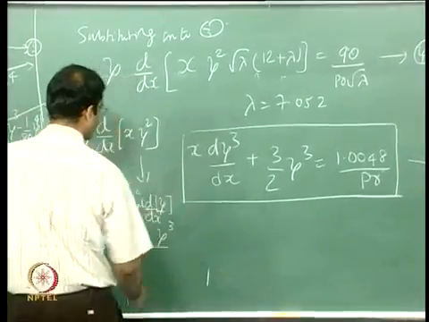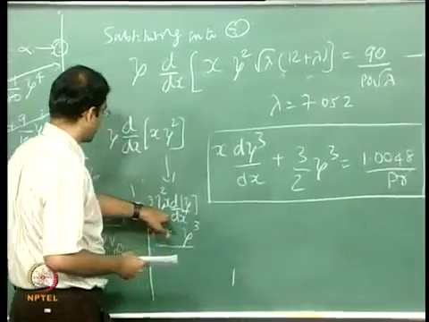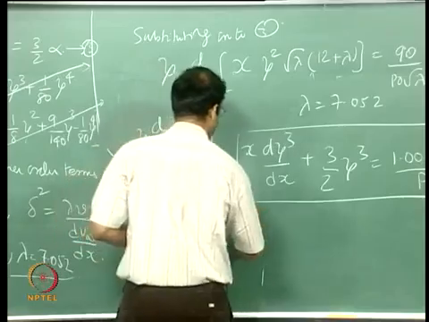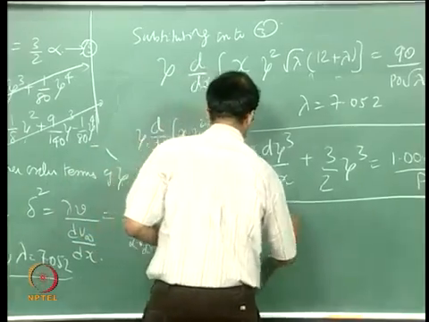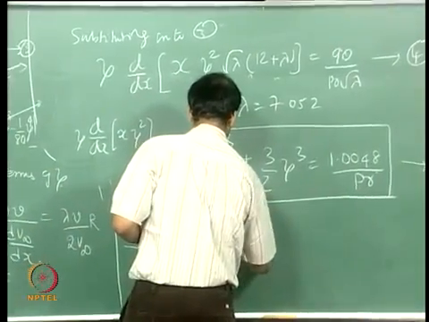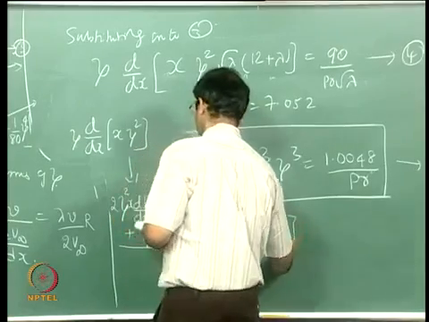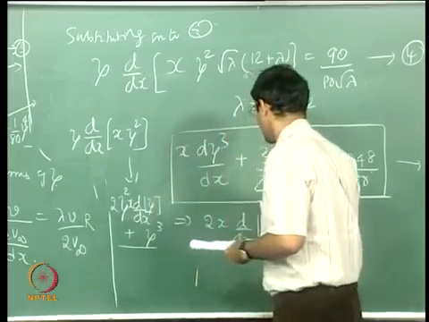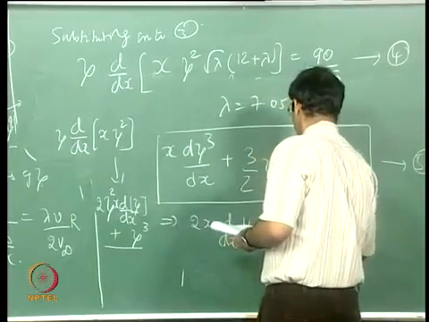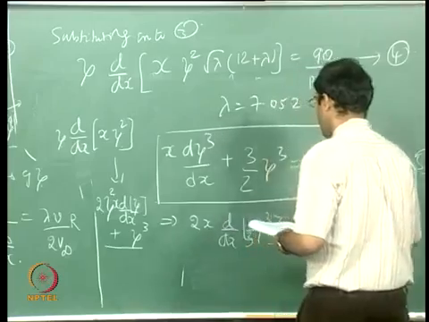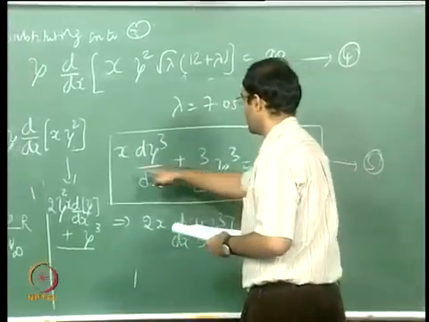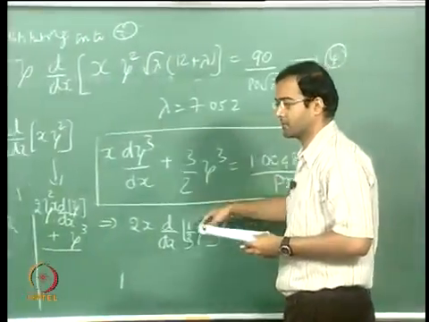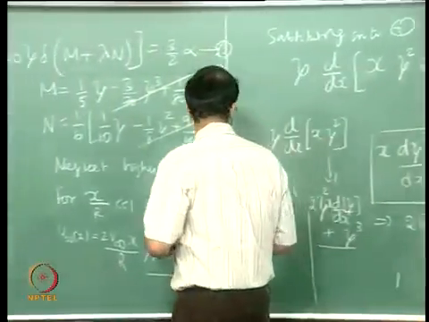This is how I am expanding it. Now once again this term zeta cube can be written as 2x d by dx of zeta cube into 1 by 3, plus zeta cube. Basically I am dividing throughout by 2 by 3, and therefore I have this final expression. It just comes through a couple of steps of algebra, which is not that difficult.